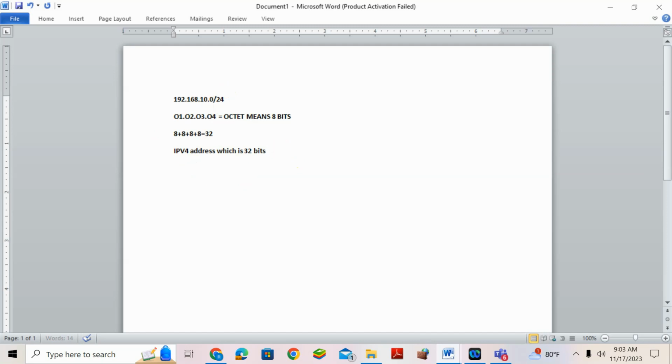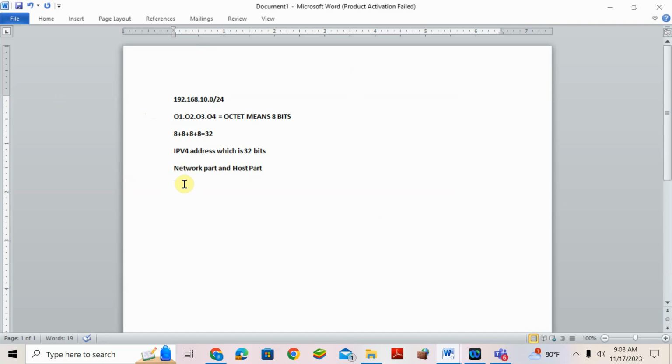The IP address has 2 parts: the network part and the host part. The network part is common for all the computers in the network. The host part will be different for each computer. In every network, the first address will be the network address. In this case, this is the network address.